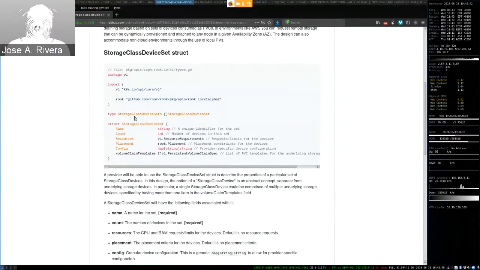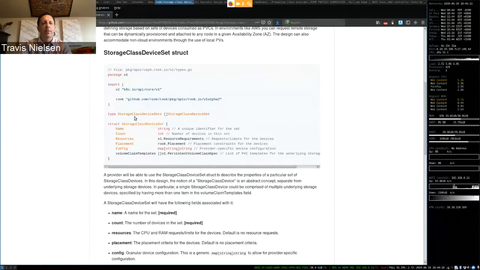Since storage device sets is just a list of storage class device sets, there would currently be no way to track which device set is which, since we should not rely on strict ordering of the list for identity.